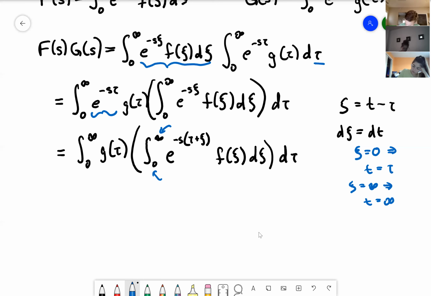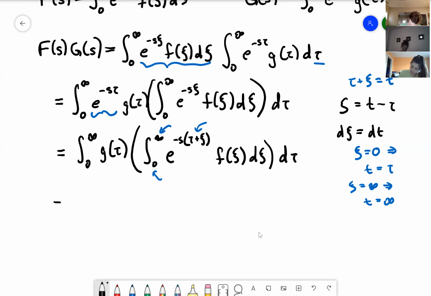So let's see, we have all the pieces except this right here, the tau plus c. That will be equal to t.